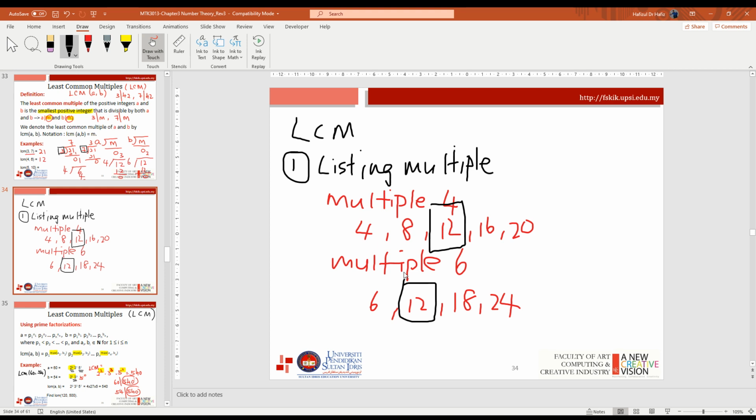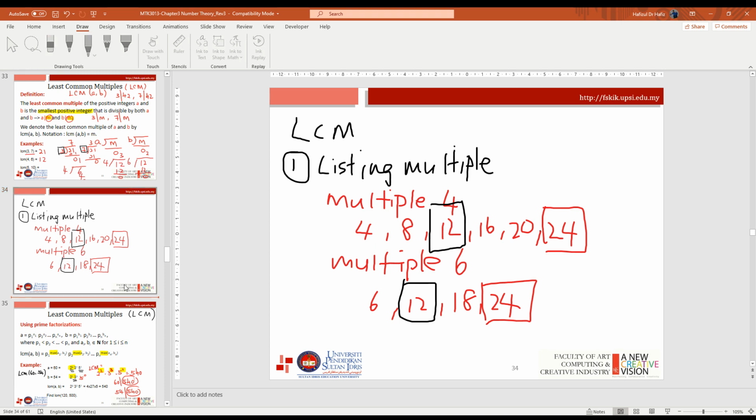Smallest means least. Besides this, we also have 24, as you can see here, but you choose the very least common one.